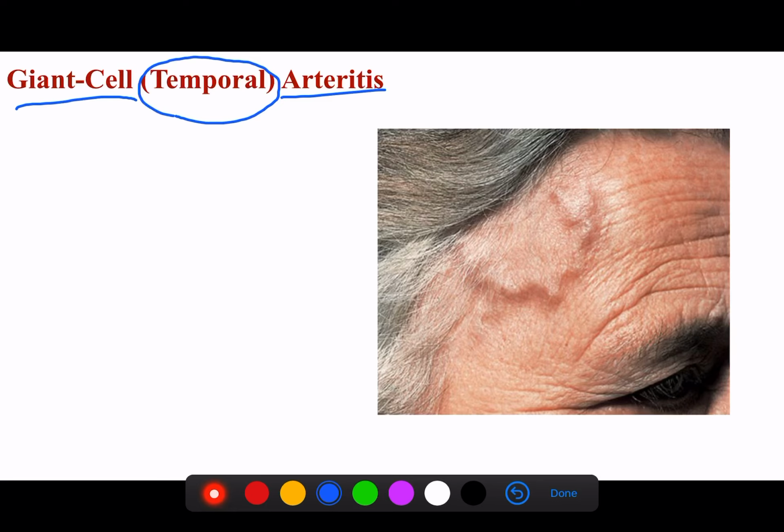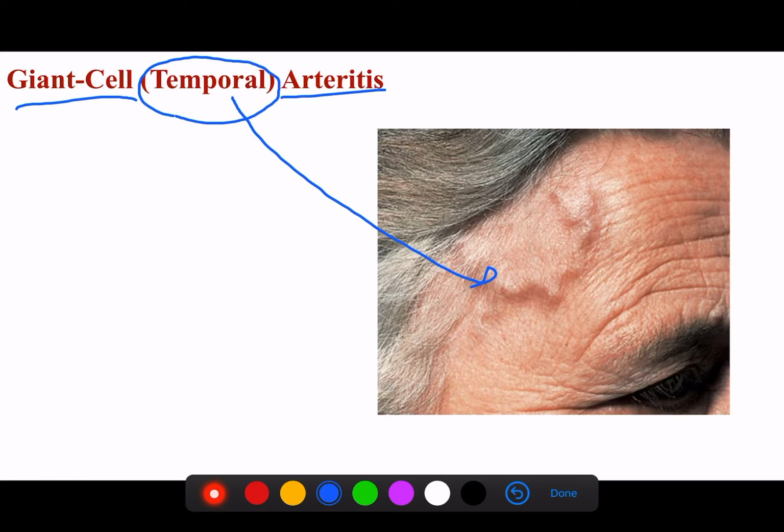Temporal because its main site is the temporal artery, which becomes bulging from the skin. This type of inflammation has no known cause, but there is anti-neutrophil cytoplasm antibody formation with this type of arteritis.